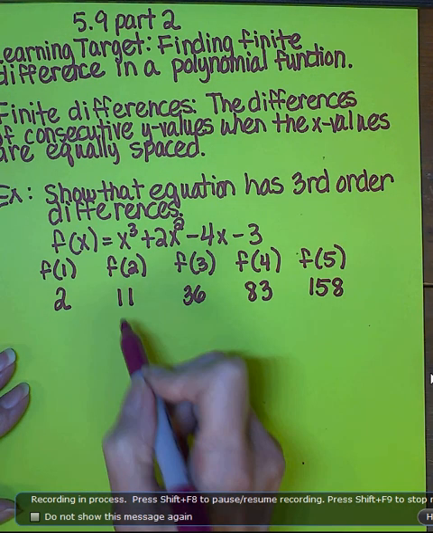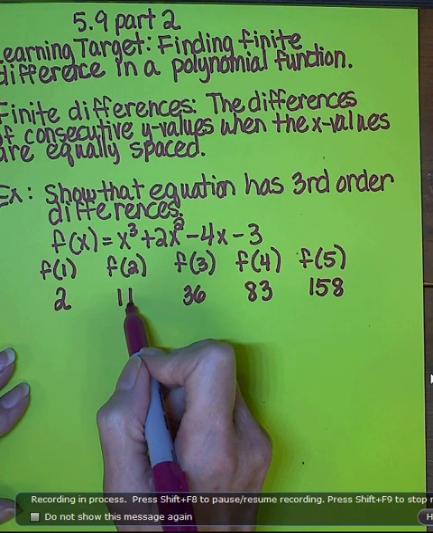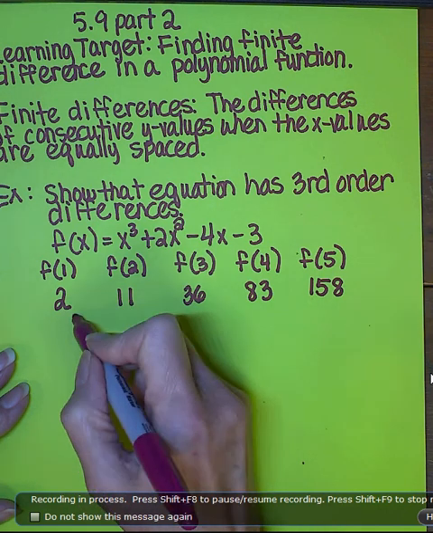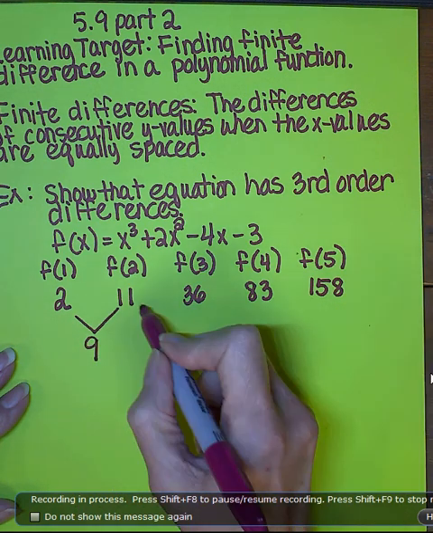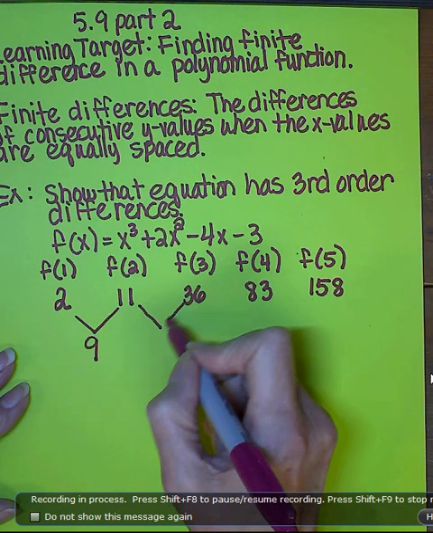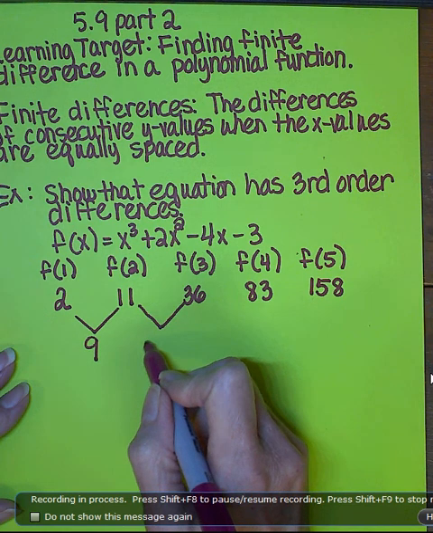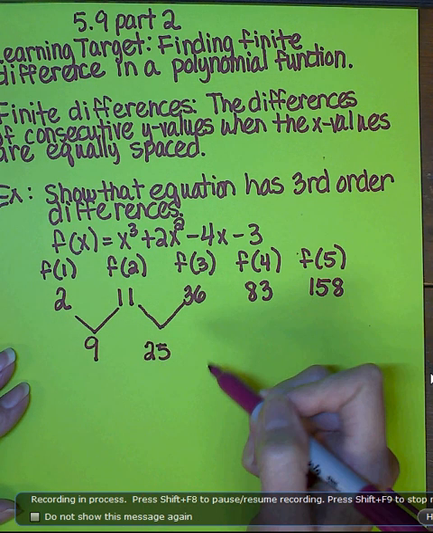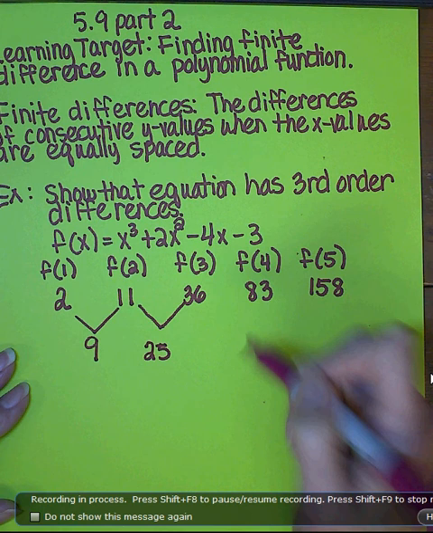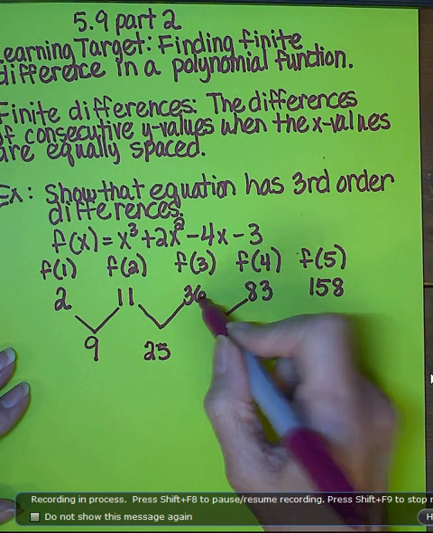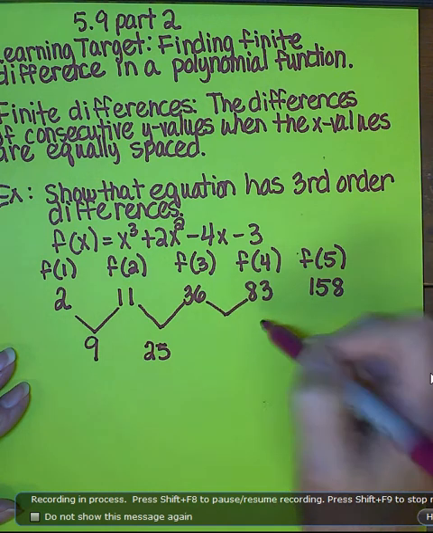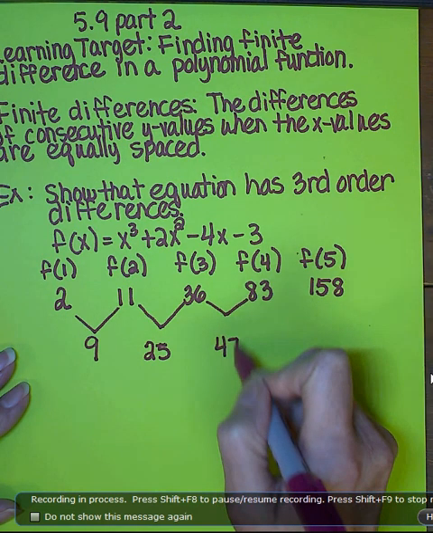Then what you're going to do is subtract 11 minus 2, and that would be 9. And then 36 minus 11, and that would be 25. And then 83, you always do this one minus the previous one. 83 minus 36 would be 47.